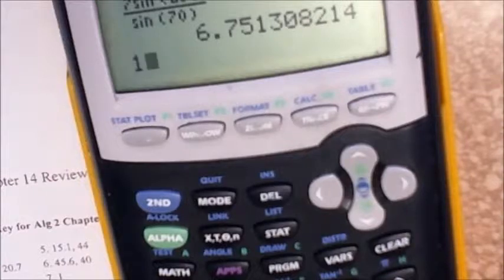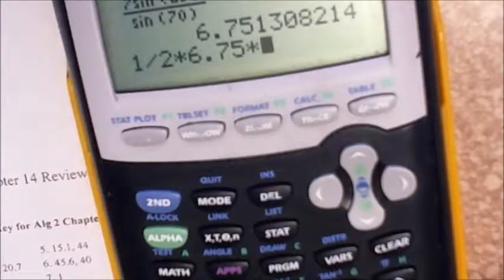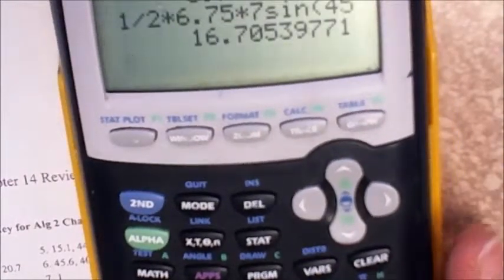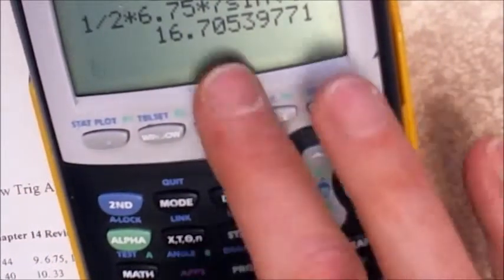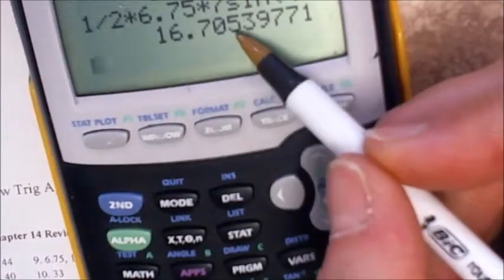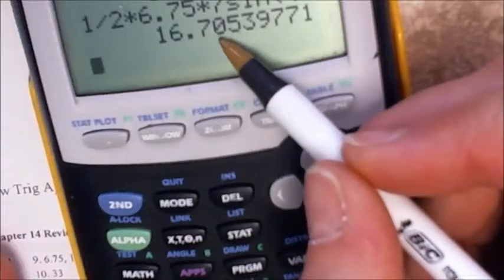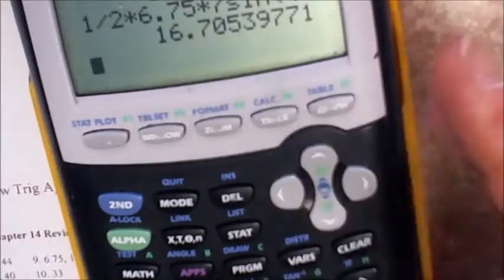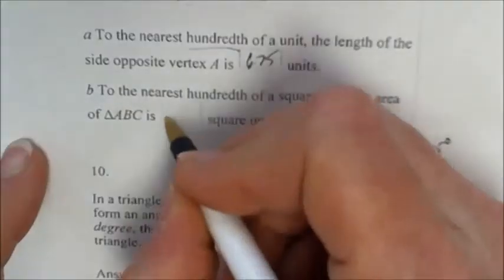So 1/2 times 6.75 times 7 sine of 45 would be 16.7. They want it rounded to the nearest hundredth, so that 5 rounds that up to a 1, so 16.71.